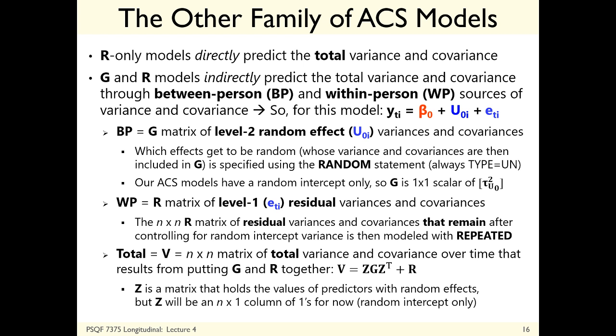They explicitly separate between person variance and covariance from within person variance and covariance. So now we have some new letters. If we're going to go this route, R is no longer the total, but R is going to refer to level 1 specifically. It's the repeated statement. We're going to add G to talk about level 2, which is a new statement that's going to be called random.